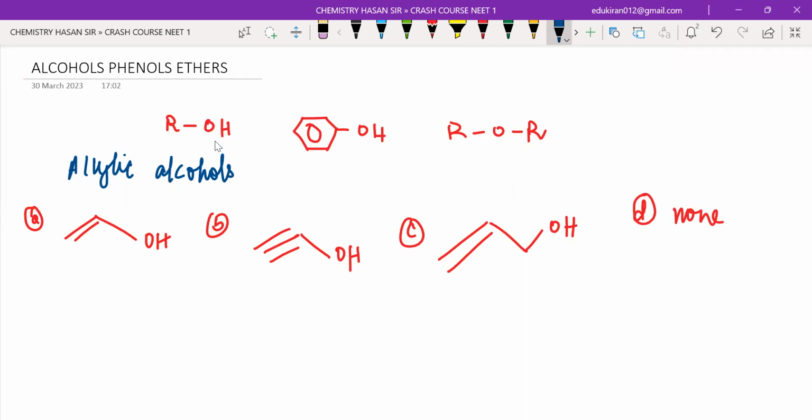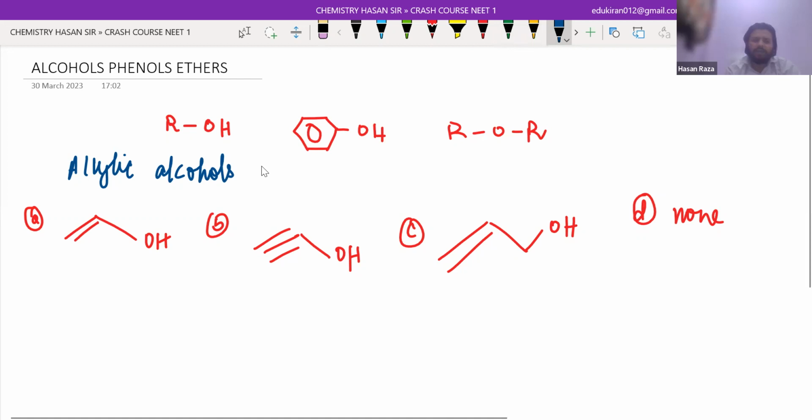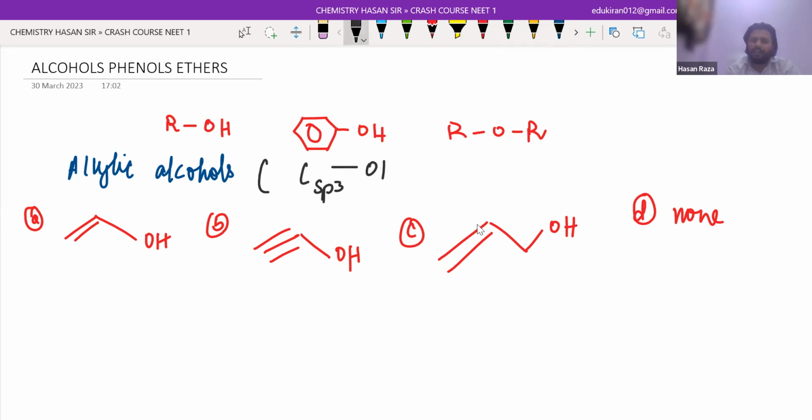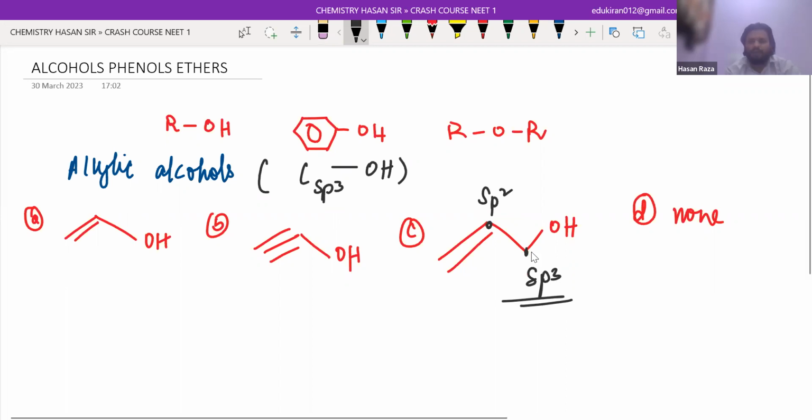Option C. Very good. Do you know what allylic alcohol is? In allylic alcohol, the carbon to which OH is connected is sp3, and adjacent to this carbon is an sp2 or doubly bonded carbon. So this is your correct answer.